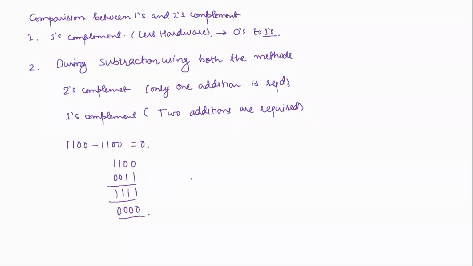Similarly, when you talk about 2's complement, this is for 1's complement, then the 2's complement is 0 1 0 0. Then you add them, and a 1 is there, so we discard it, we know it is positive.